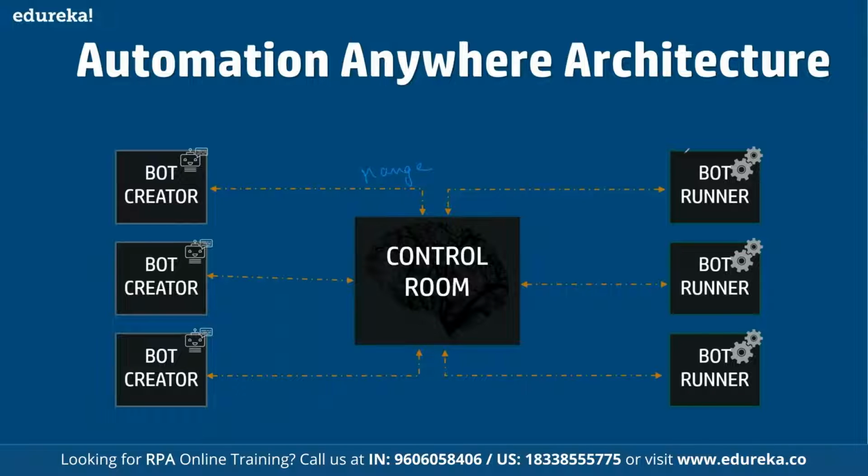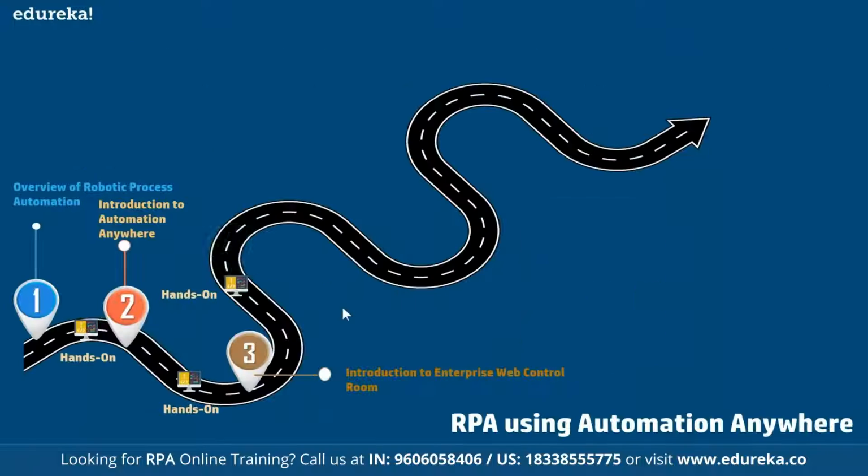There is something called bot runners or bot runtime. This runtime is supposed to run the bots, or your automation code, if we speak plainly. And using the bot creator, you develop your automation. All right, everyone. So this is how it actually works.